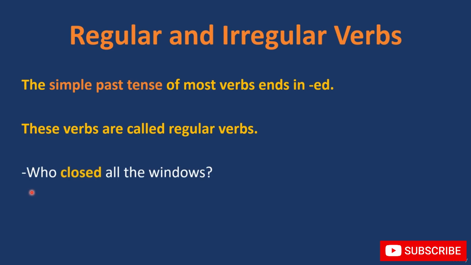When I say, who closed all the windows, the present is close, the past is closed, so this verb is a regular verb. It snowed last night. Snow, present, and I add ed, so this is past. Again, this is a regular verb.